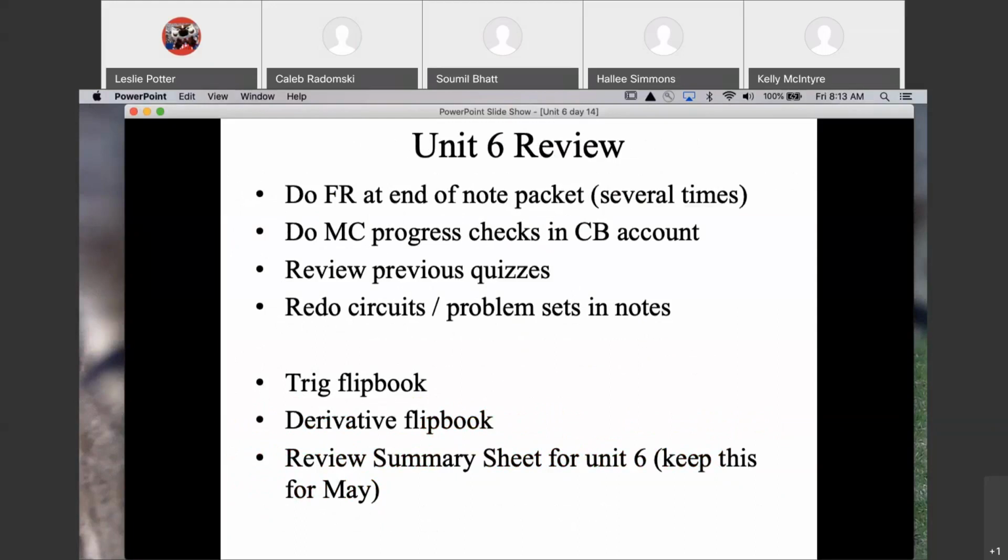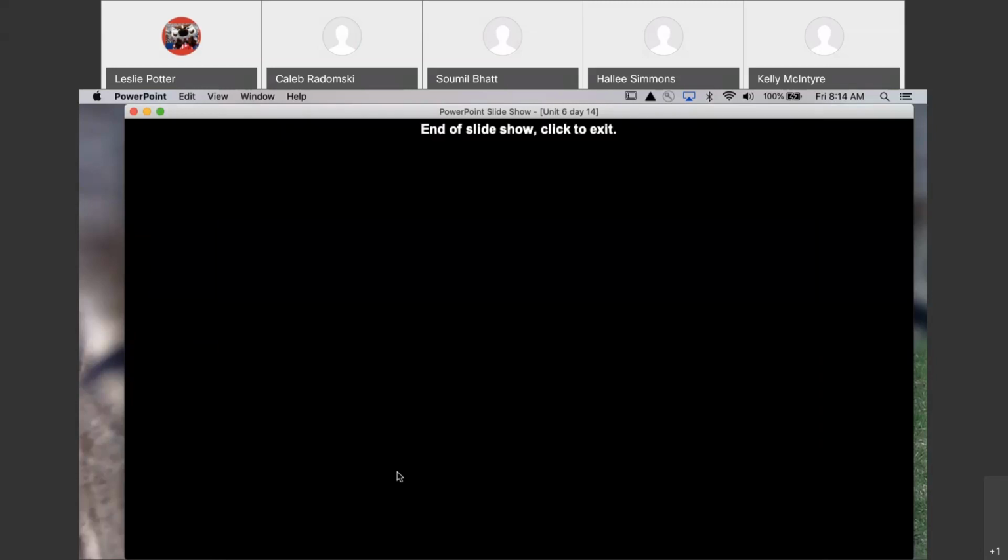Do the progress checks in College Board for multiple choice practice, review previous quizzes, redo circuits or redo the topic questions, keep these handy based on our discussion earlier. I think it was Wednesday. Definitely do a review summary sheet. I just really feel like that's going to benefit you in May. I think they're leaning that way. Maybe I'm wrong. Hopefully I'm right.